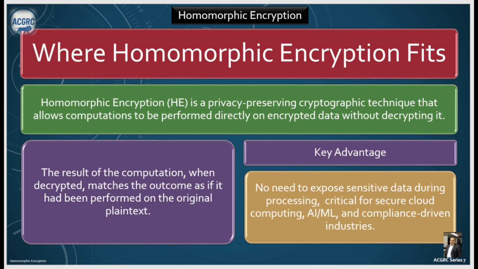The result of computation, when decrypted, matches the outcome as if it had been performed on the original plain text. The key advantage? You don't need to expose sensitive data during processing. It's critical for, say, secure cloud computation, AI/ML or compliance driven industries.